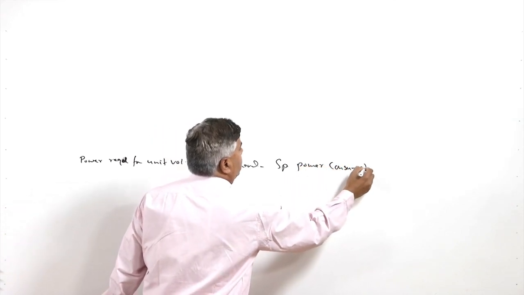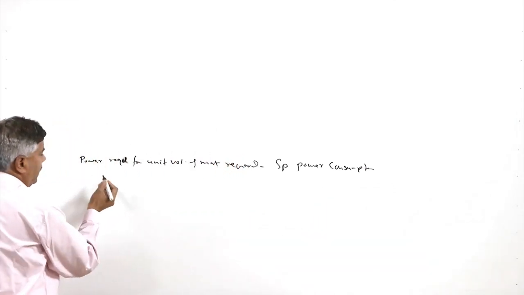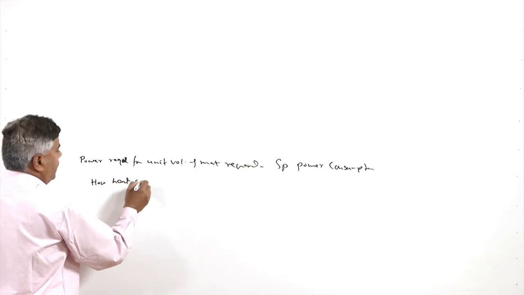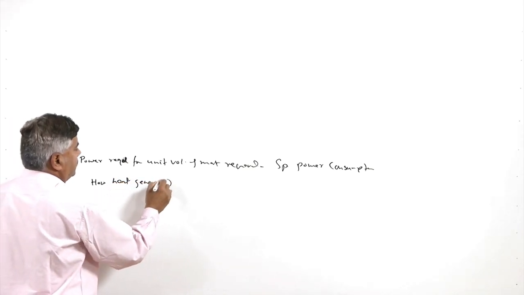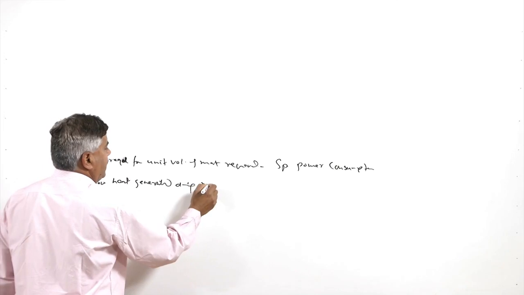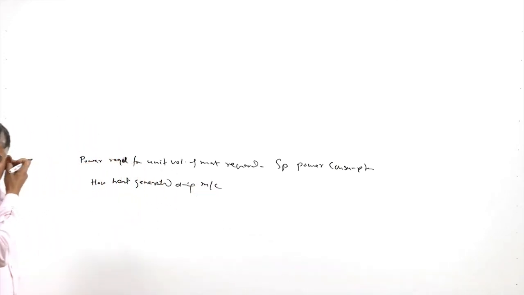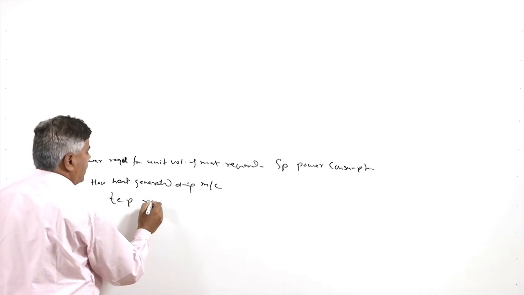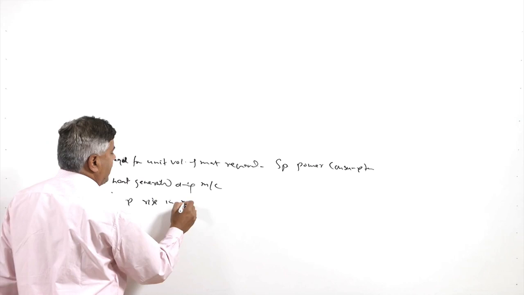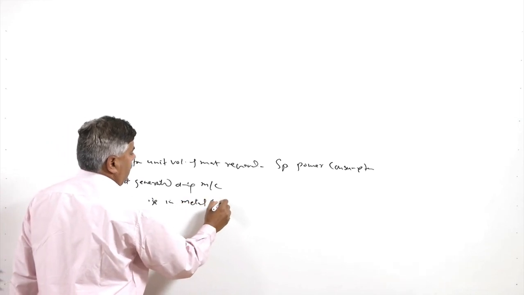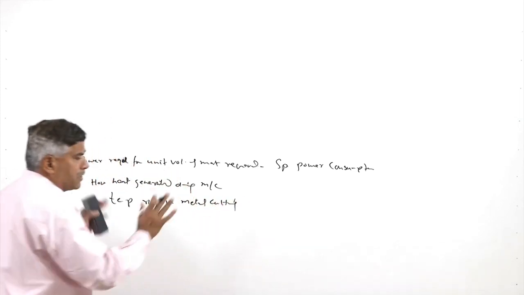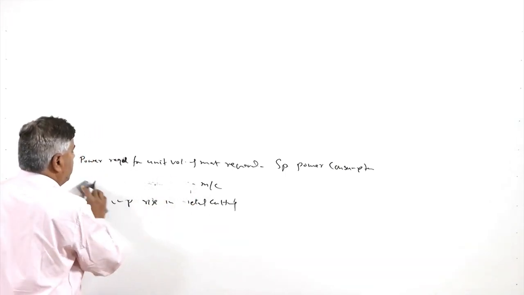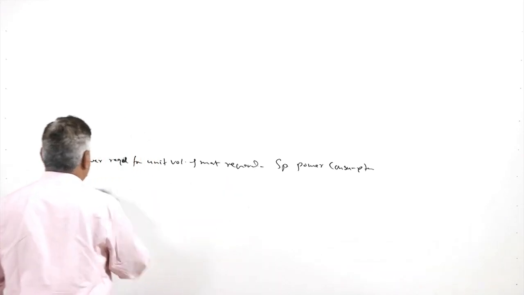Another aspect we will talk about is how the heat is generated during machining, and how the temperature rise takes place. The temperature rise in metal cutting will also be covered. There are a few general empirical equations which have been developed over a period of time, and we will talk about those as well.